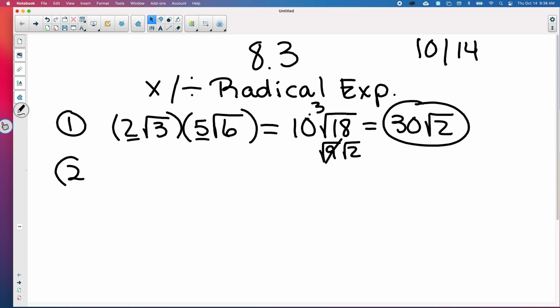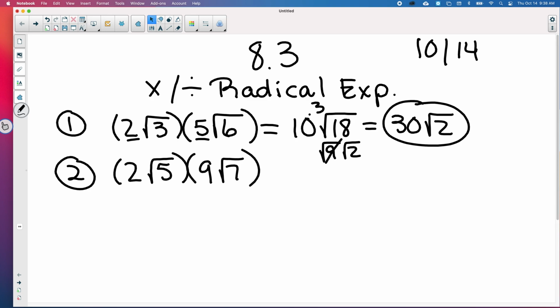Alright, so you guys try this one then. So I have 2 radical 5 times 9 radical 7. So multiply those together and then see if it needs to be simplified.